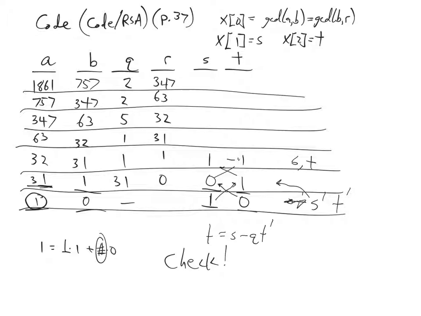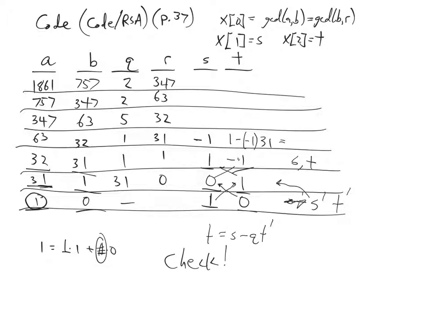And if you check, you'll never make a mistake with signs or anything. So does it work? Is 32 times 1 plus 31 times minus 1 equal to 1? Yes. It's 32 minus 31 is 1. Okay, then we do another notch up, minus 1, and then this will be 1 minus 1 times 31, which turns out to be, what, 32?